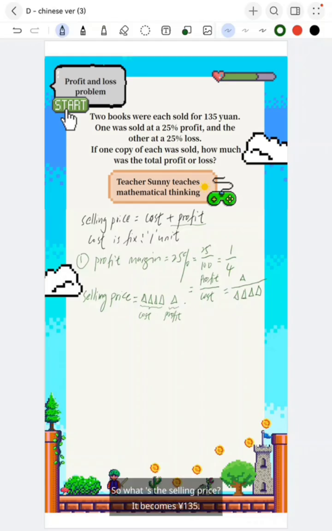So what's the selling price? It becomes 135 yuan. That's easy to calculate. One triangle is equal to 135 yuan divided by 5, which is 27 yuan. A triangle is equal to 27 yuan.